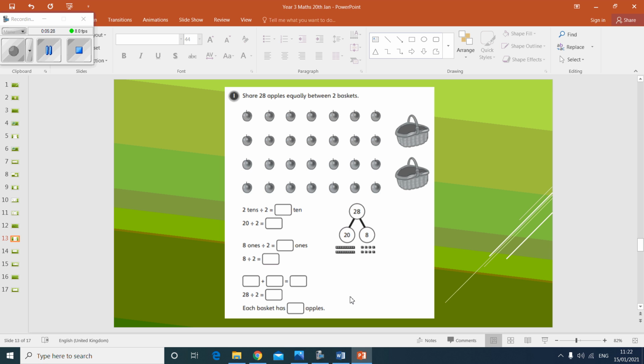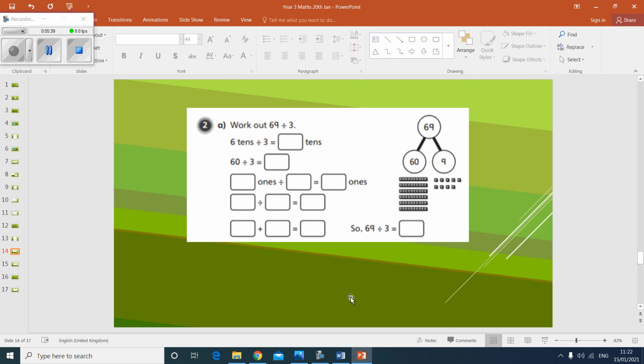Break it up into 2 tens and then 8 ones shared by 2. Question 2, we have 69 divided by 3, using the part whole model, breaking up 60 and 9, and work out the tens question, then the ones question, add your totals together to find the answer to 69 divided by 3.